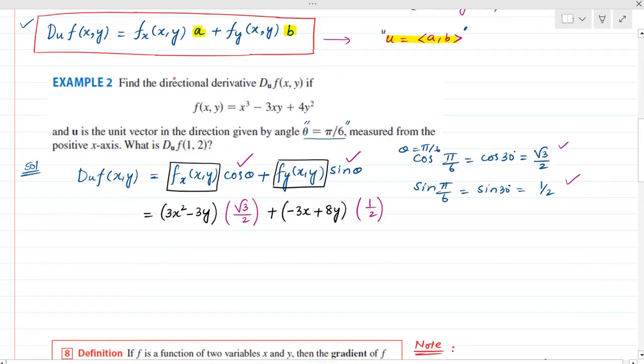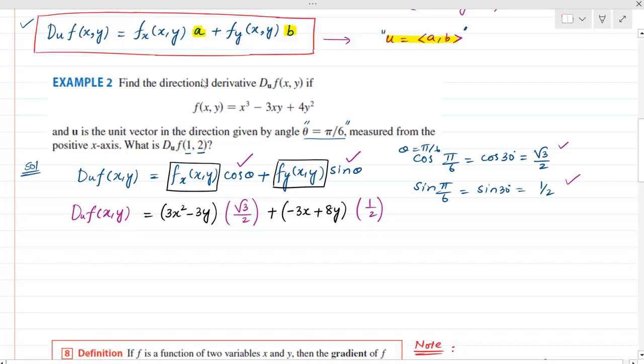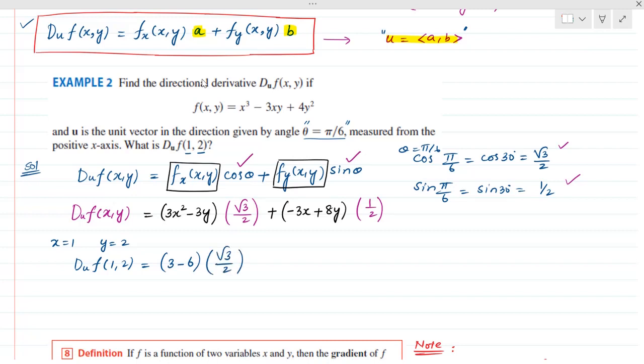This is the formula for the directional derivative at any point. But the problem is asking to find the value at x equals 1 and y equals 2. So I have to replace x equals 1, y equals 2. You will get the directional derivative at (1, 2) given by, if you substitute 1, it becomes 3 minus, y is 2, so 6, times root 3 over 2, plus here minus 3 plus 16, 8 into 2 which is 16, times half.